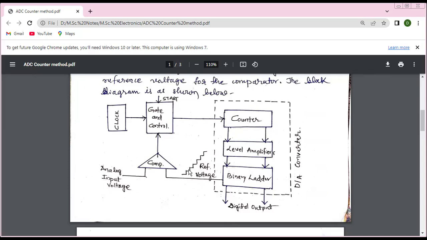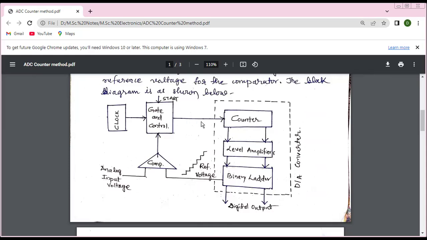That means two staircases have appeared, and still the difference voltage is not 0, because this is 3 volt, this is 2 volt, and the comparator produces an output that is sensed by the control circuit, and the gate is open.